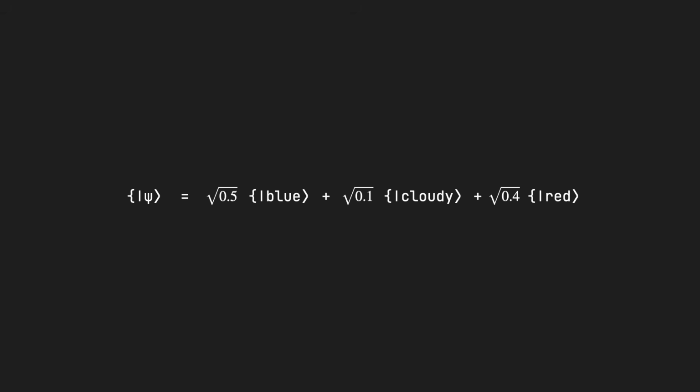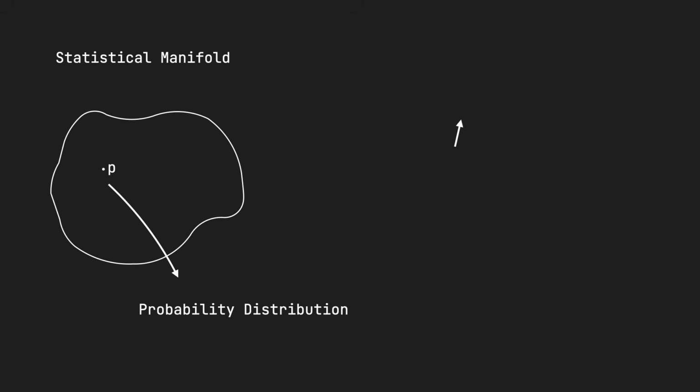Now we're going to talk about quantum manifolds. We are bridging from statistical manifolds to quantum manifolds. Before, we looked at a statistical manifold where the point P represents a probability distribution.